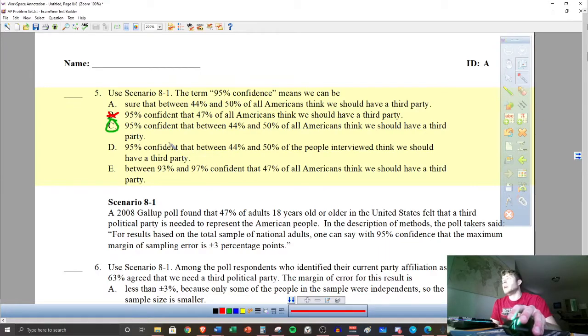Okay? I had a student say that they thought it was D, but here's the difference between those. All Americans versus the people interviewed. The people interviewed implies that this is talking about the sample. Confidence intervals are not interested in samples, right?